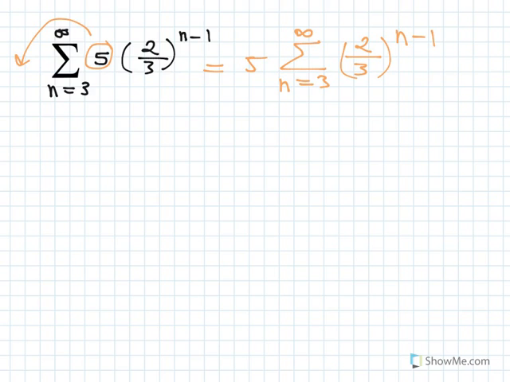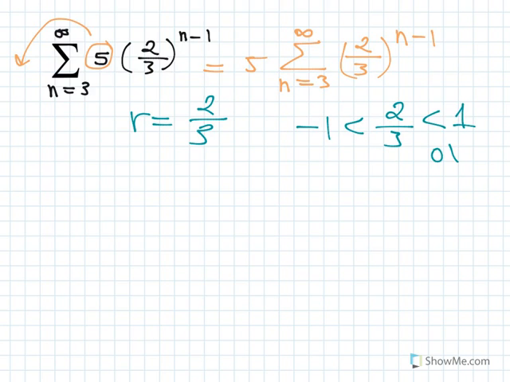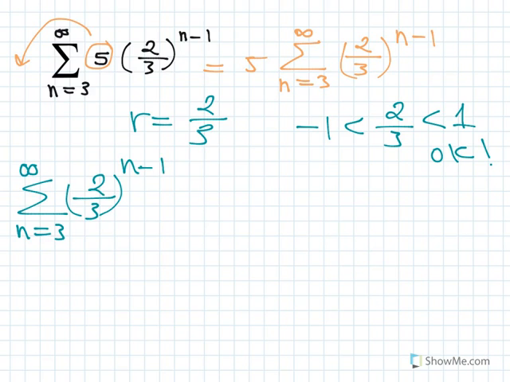So r is 2 over 3, and that number 2 over 3 lies between -1 and 1, so it's okay. So it converges. To find the sum from n equals 3 to infinity of 2 over 3 to the power n minus 1, it will be the first term over 1 minus the common ratio.